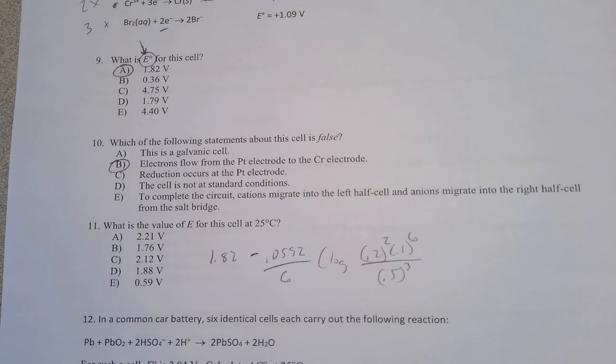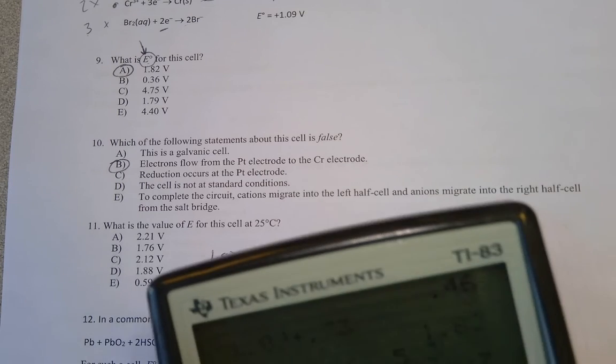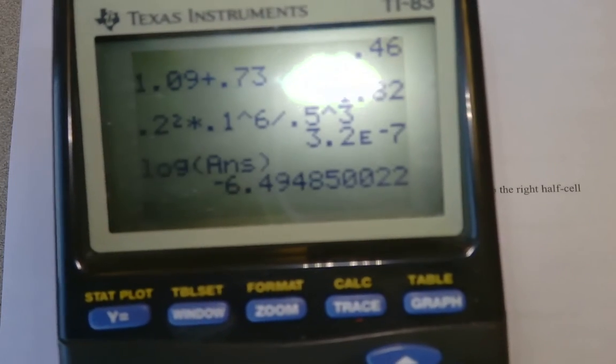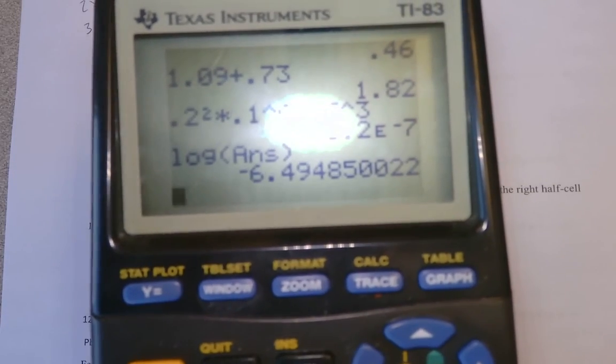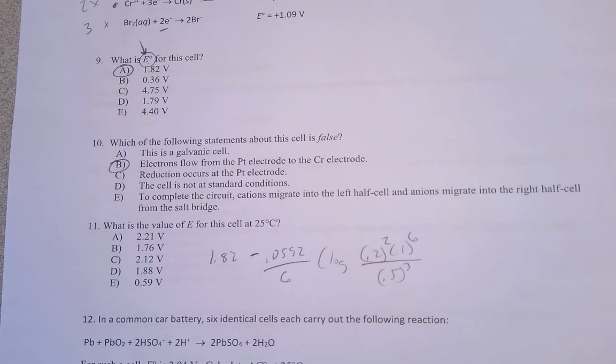We're going to take the log of all of that mess. I'll show you what I was punching in there. You should get negative 6.4. Oh, that's a really big number, but we're multiplying that times 0.0592 divided by 6.